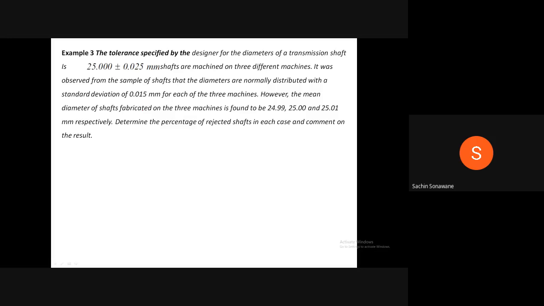Okay, I think you have written the problem. Now we'll solve it. Solution. Given. First of all, standard deviation sigma is equal to 0.015 mm. Then x1 means upper limit.